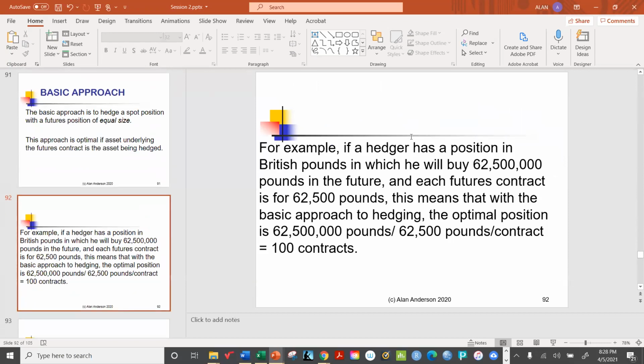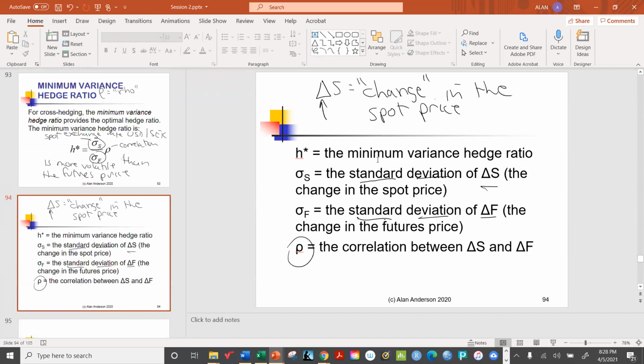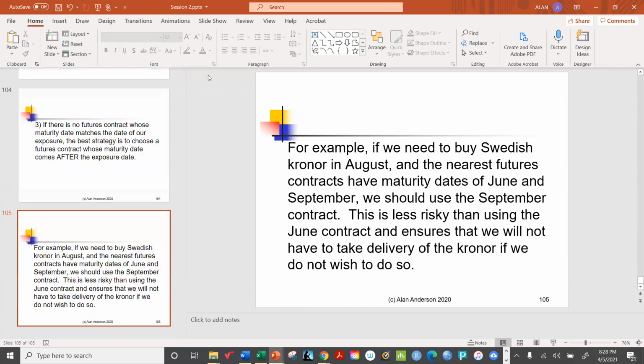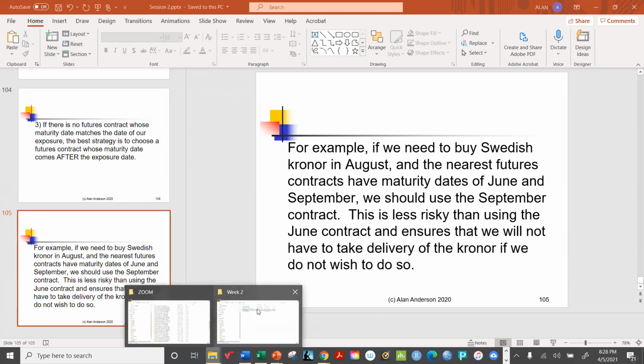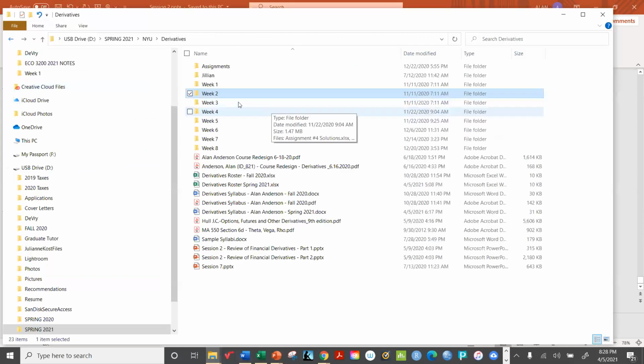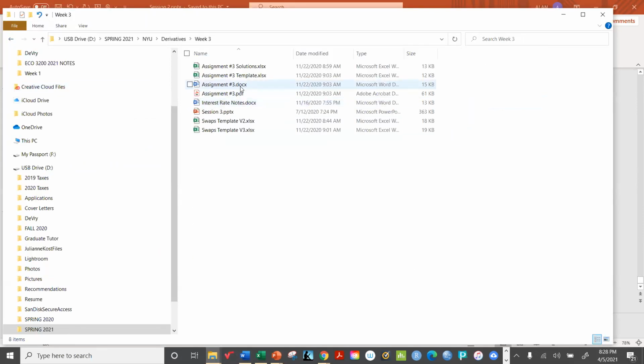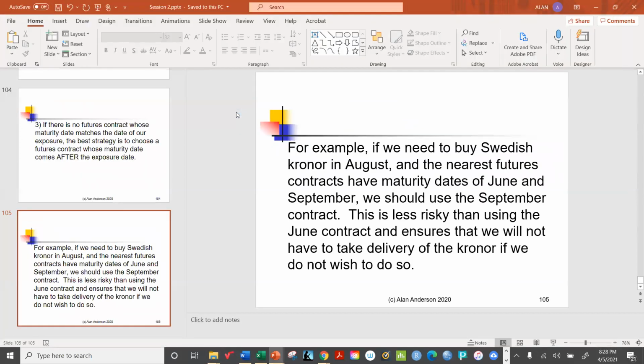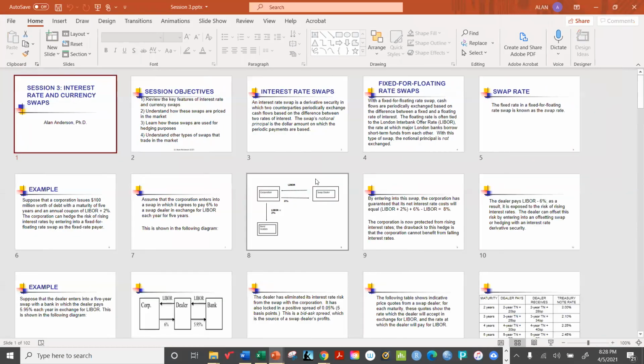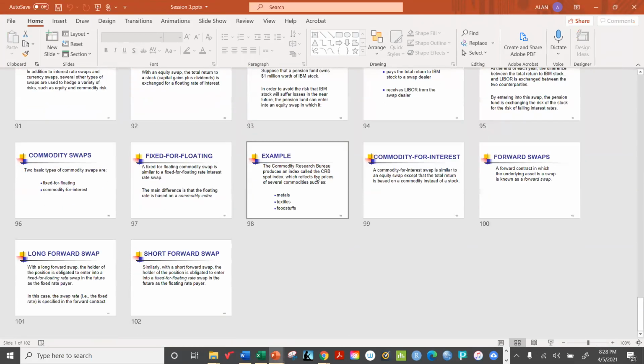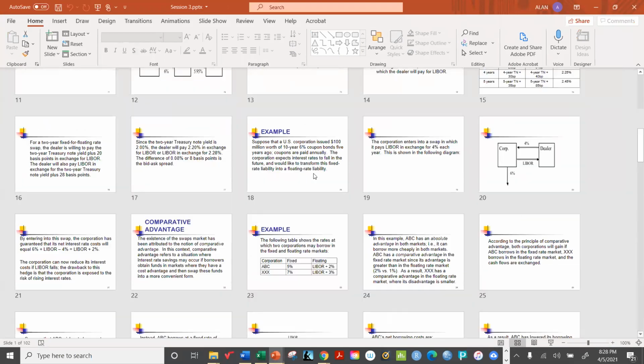Now this is all to do with forwards and futures. I do believe that we will not do any more swaps until week 3, and then no more options until week 4. I think week 3 is just all swaps, although these are fairly complicated products.